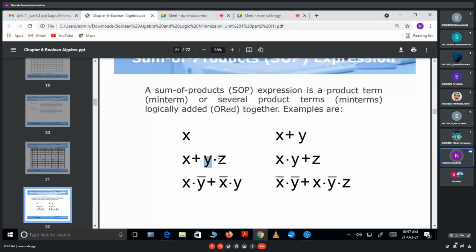For this term you can see a dot, but to combine these two terms, which sign is used? Plus. So that is always all together. So the SOP is a group of product terms all together. Here also you can see these two terms are all together. So that is the SOP.